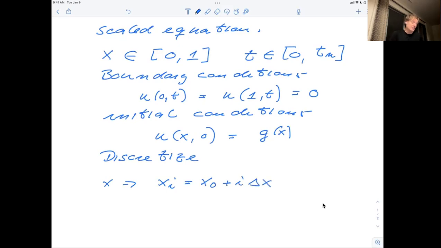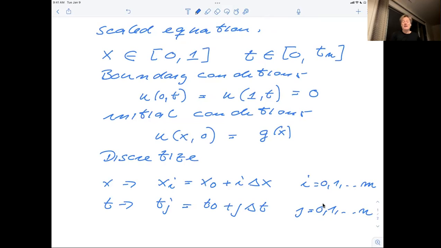And we are going to let this i go from 0 up to some specific point, which we could call m here. And then we're going to discretize time. So we have a time tj, and that's going to be given by t0 plus some j times delta t. And then this j is going to be defined for the different time steps we have chosen up to a final time n.